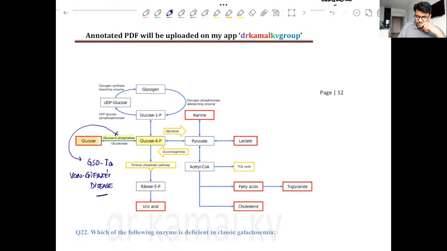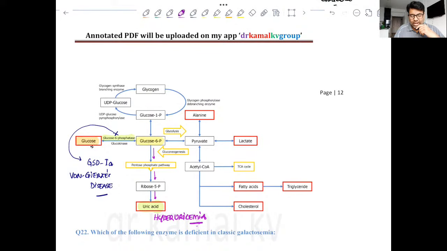Clear? So it means there is no formation of glucose, so glucose levels will fall down, so there will be severe hypoglycemia. This glucose 6-phosphate, since it is not diverted for conversion to glucose, will go somewhere else into the pentose phosphate pathway, and it will finally form uric acid, and there will be hyperuricemia. Clear?